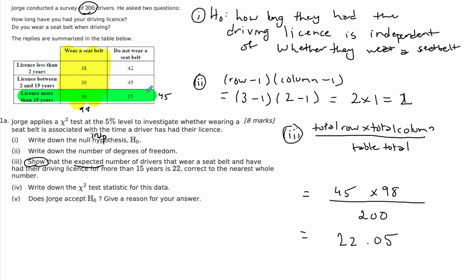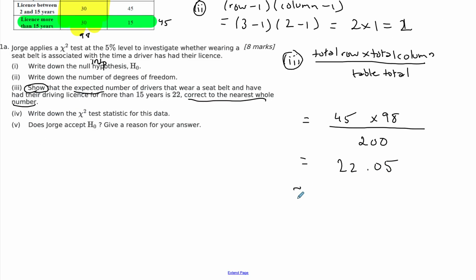So you're like, wait, this is not 22. But read the question. It says correct to the nearest whole number. So don't ignore this. Do write 22.05 and then write that this is 22. So showing your full process is necessary to get to 22. When you have show that questions, make sure that your final answer arrives at the thing you need to show.